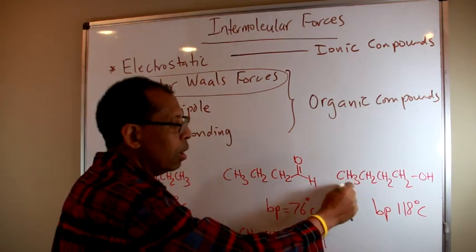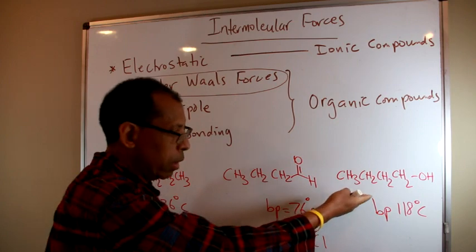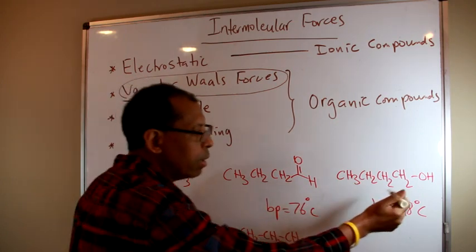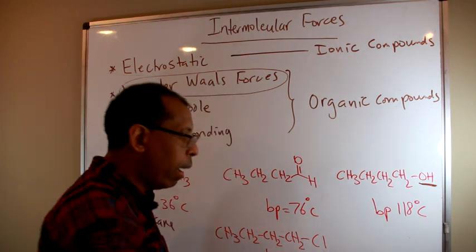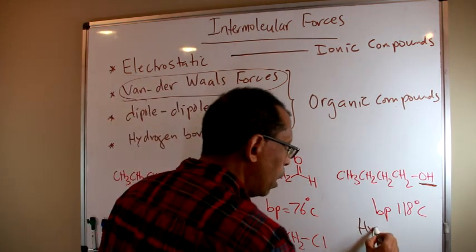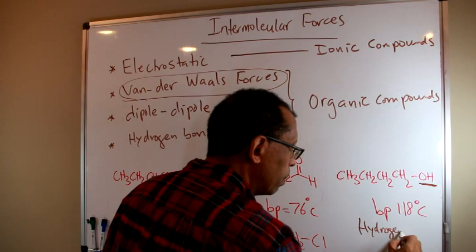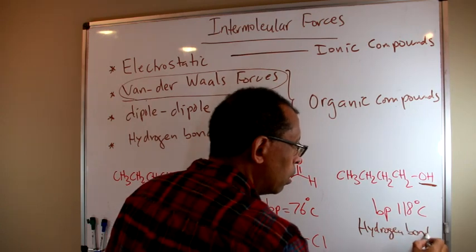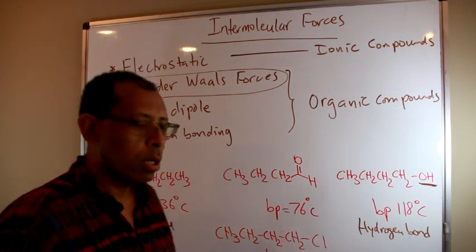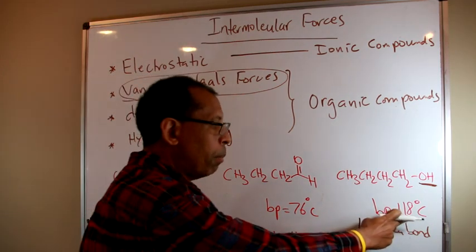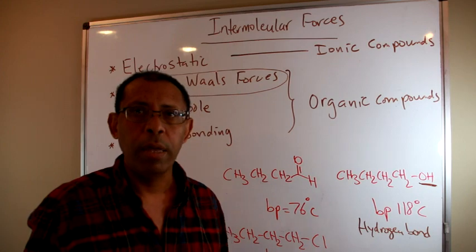Here, as you see, van der Waals forces could exist in this molecule, but additionally, you have this OH group that can make hydrogen bonding. The hydrogen bond, which is a relatively higher interaction, makes the molecule boil at a high temperature.